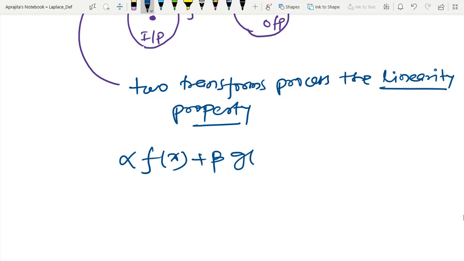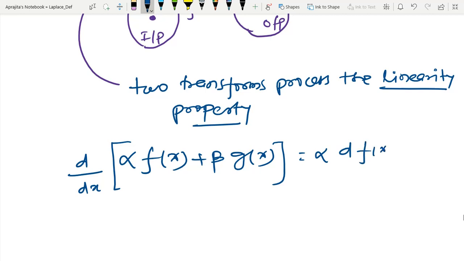Similarly, suppose I have some function g(x) and I am going to scale this by beta, and if I apply d/dx, so during the calculus course you have already seen this kind of thing, alpha df(x)/dx plus beta dg(x)/dx.